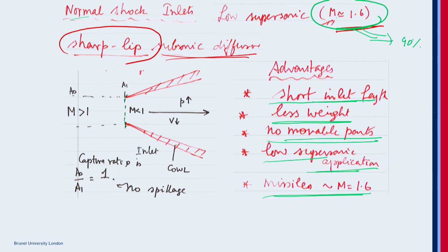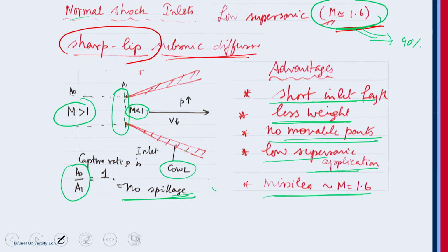So here it is supersonic. You can hold the shock at the lip, the inlet lip. The capture ratio is 1, no spillage. And this is what you call as a cowl. So immediately when it becomes subsonic, it becomes like a subsonic inlet.